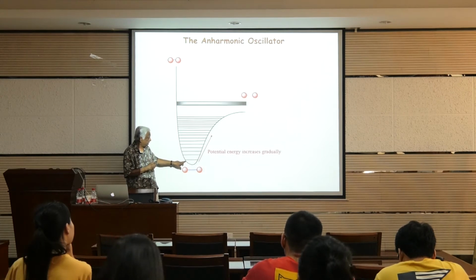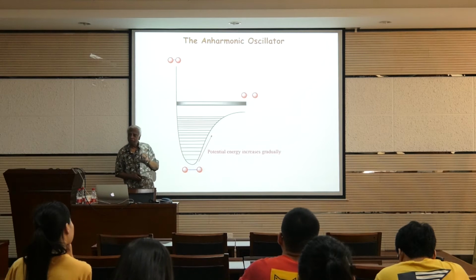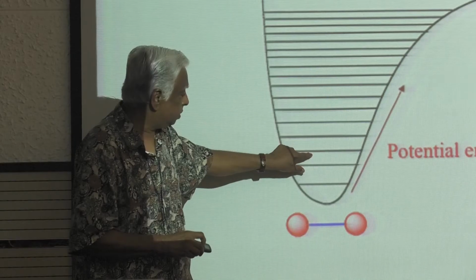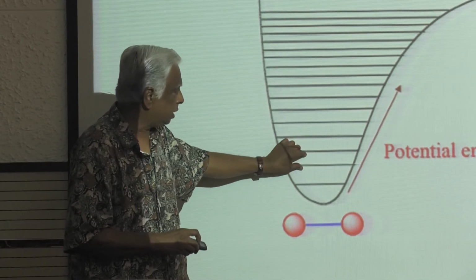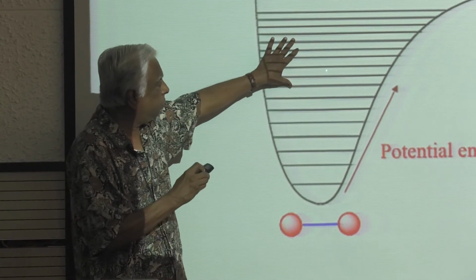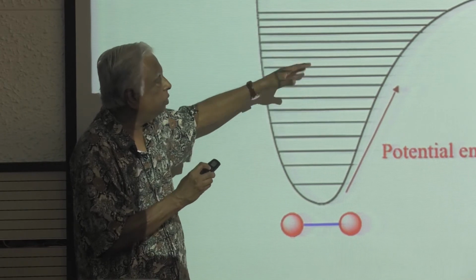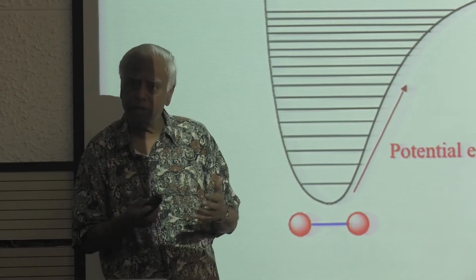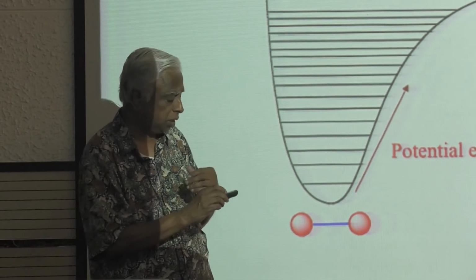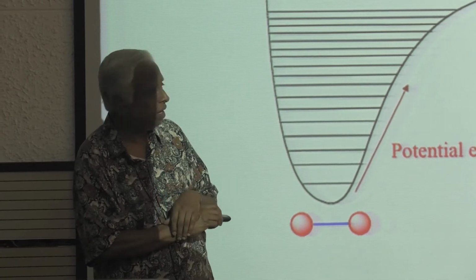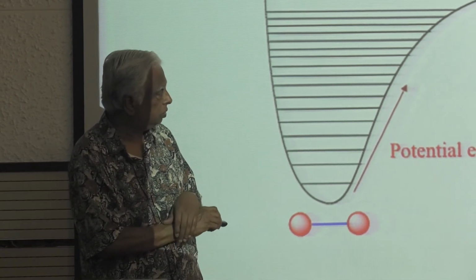To go from here to here requires a certain amount of energy. To go from 1 to 2 requires a certain amount. As you go up the ladder, the gap gets smaller and smaller, and eventually it becomes degenerate and then breaks. This is the normal picture we use every day in understanding molecules.